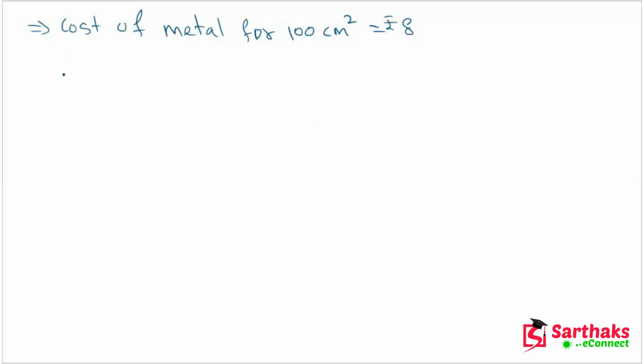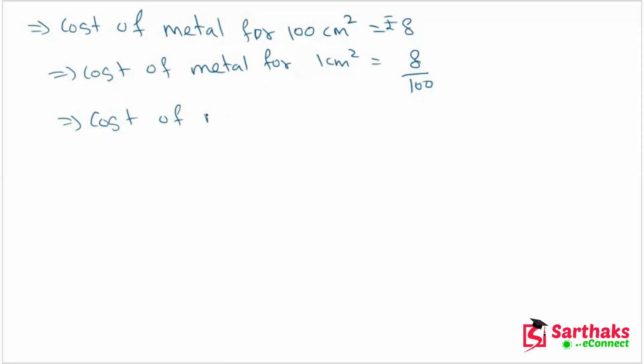Now we have to find the cost of metal for 1 centimeter square, which is 8 upon 100. Now the cost of metal for 1960 centimeter square will be 8 upon 100 into 1960.